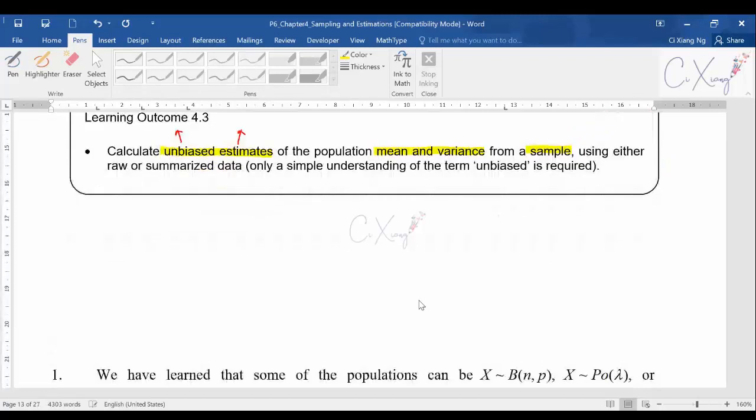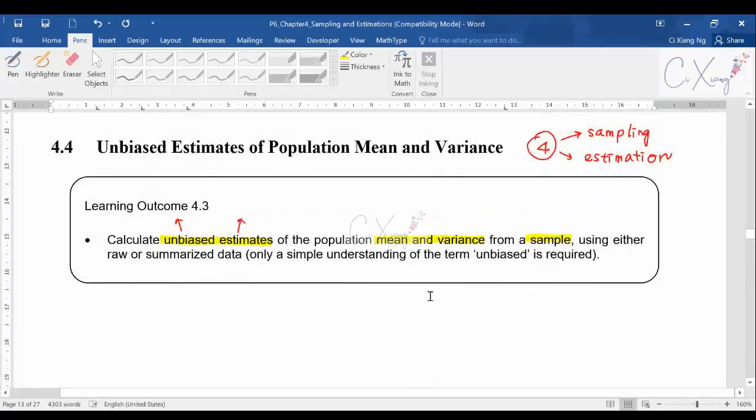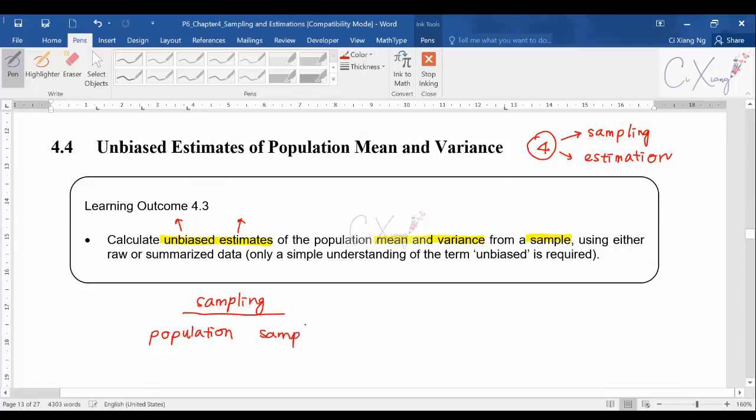Now in sampling, we talk about the concept of population and also sample. A simple understanding is that the population is a bigger group, a whole group, and the sample is a smaller group taken out from the population.